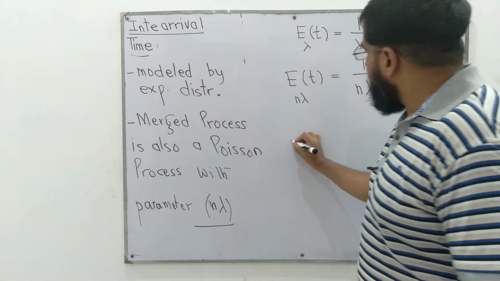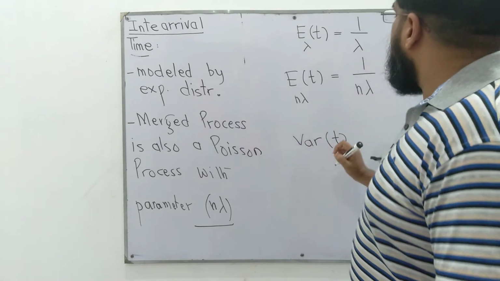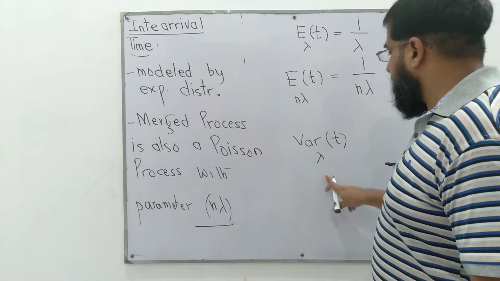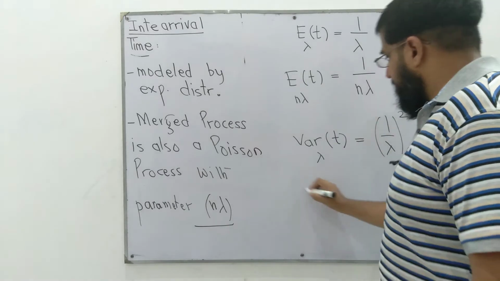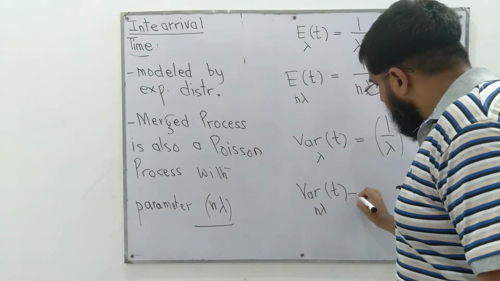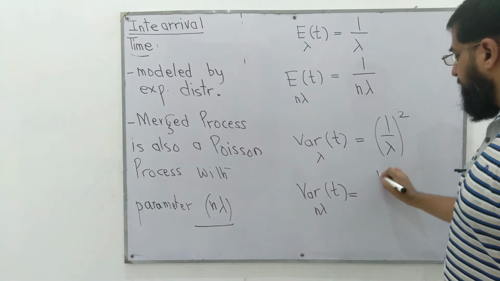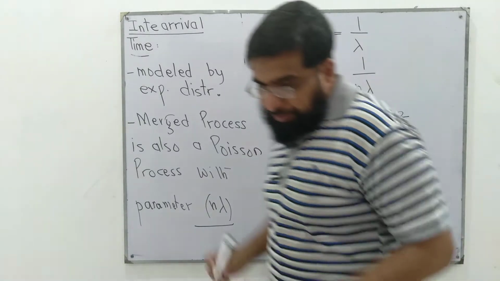And the variance of the inter-arrival time, if the parameter is lambda, is 1 over lambda squared. So if we compute for n lambda, this is 1 over n lambda squared.